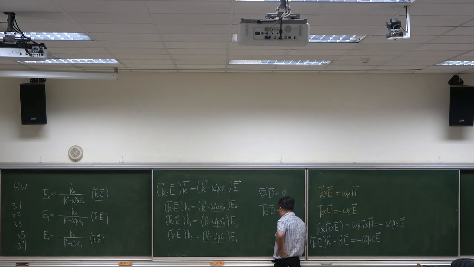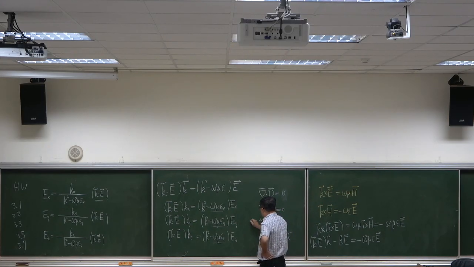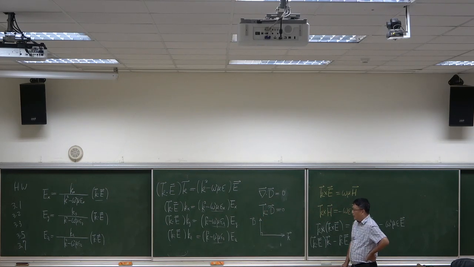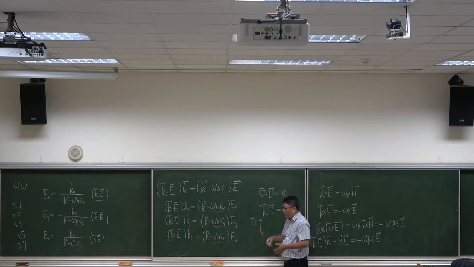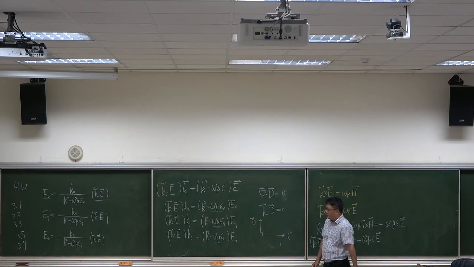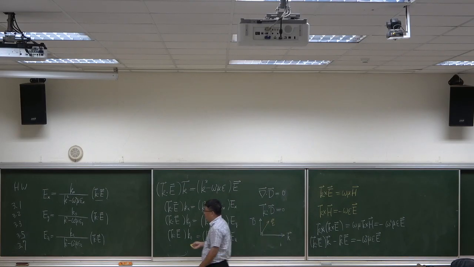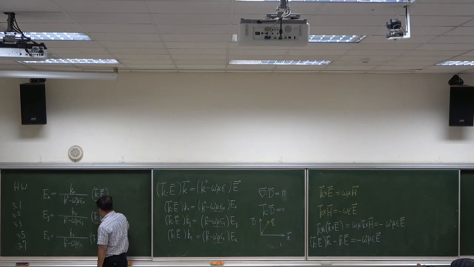This means that suppose this is the direction K, then the direction D is perpendicular to K. However, as I have already explained before, for an arbitrary propagation direction, in general, E vector and D vector are not parallel to each other. So, in general, K dot E is not equal to 0.